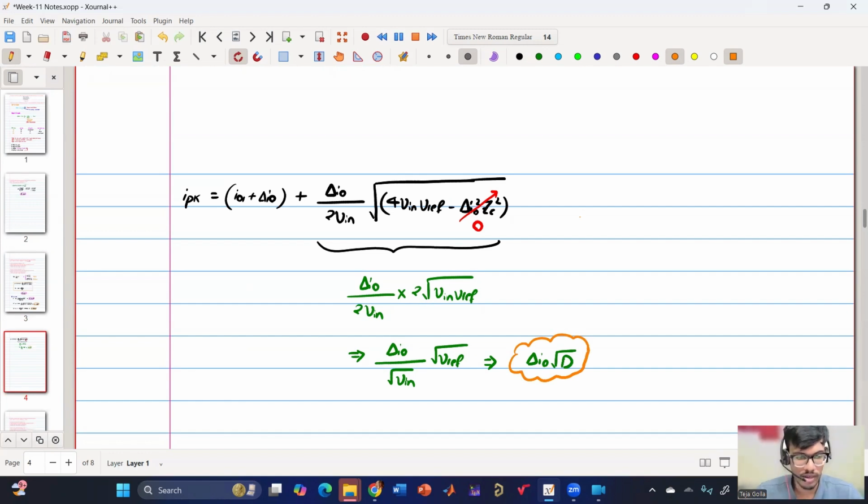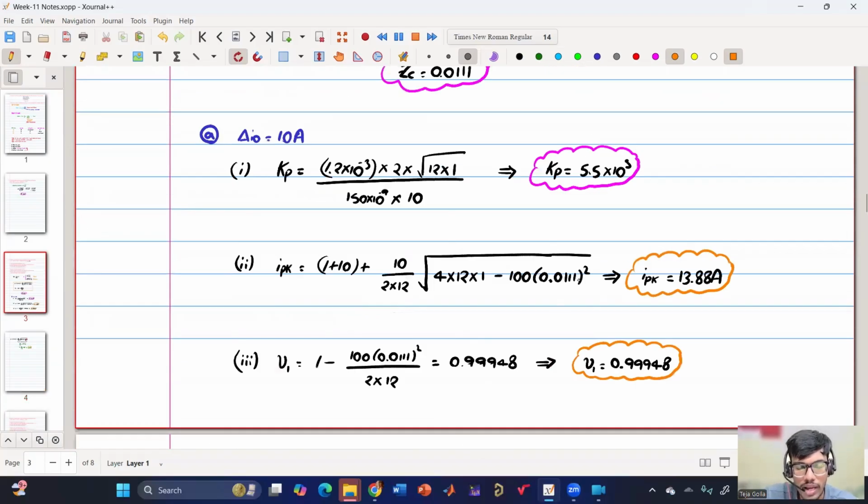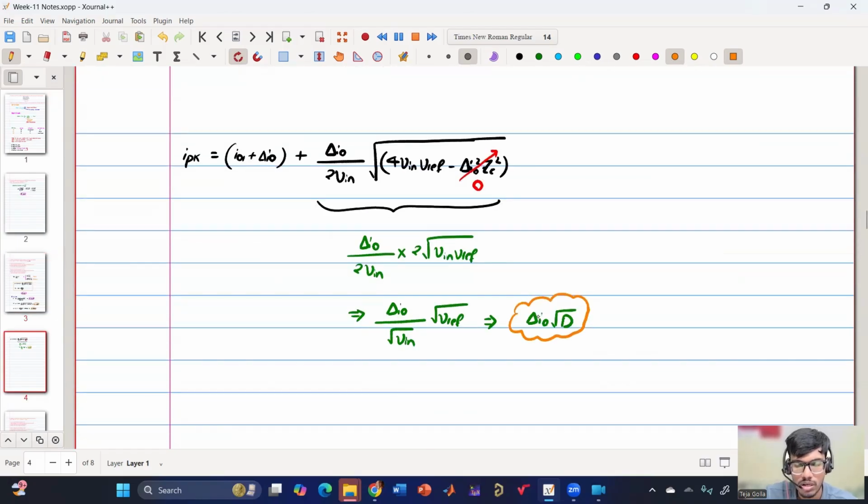Now we are dealing with the actual total expression without considering any assumptions. But even if you neglect this term and then calculate, it will come very close to this. So it will not make any difference drastically that it will affect the response or change the value drastically. That's why sir has made that assumption to get an expression that will be simpler.